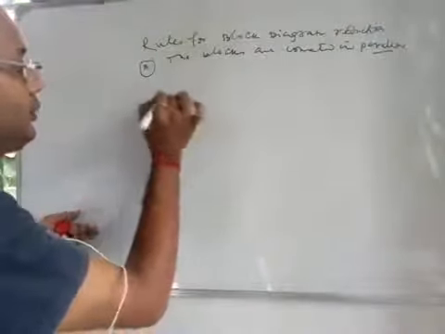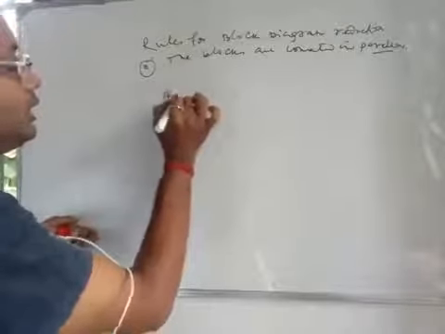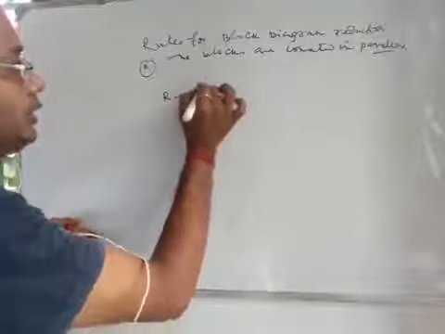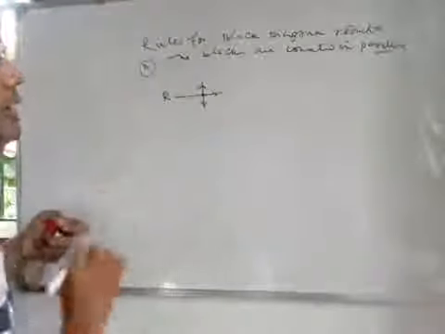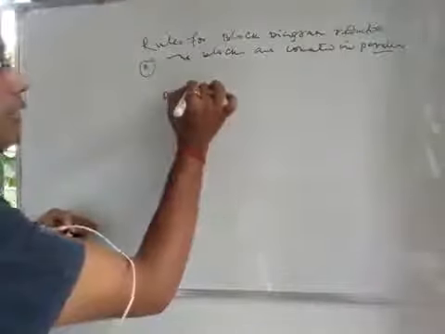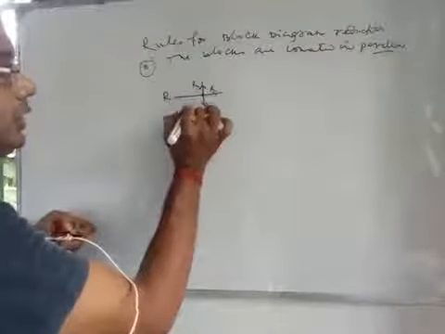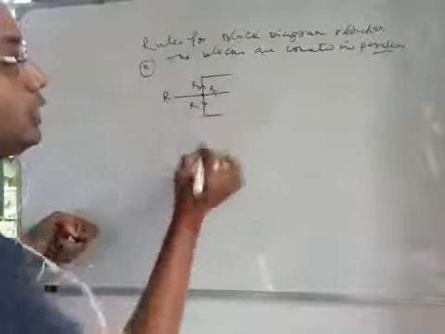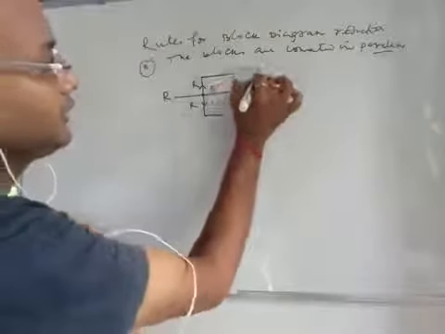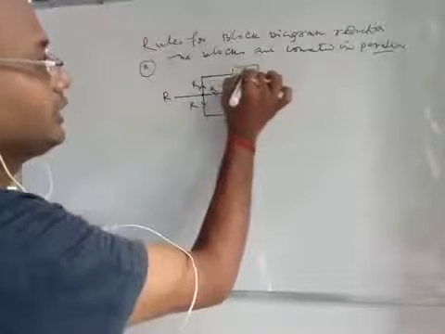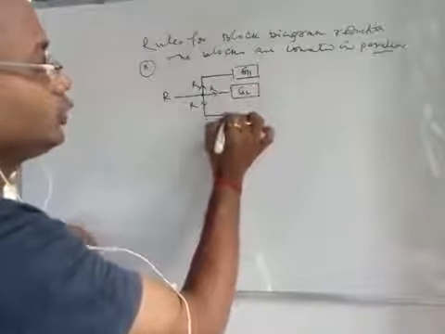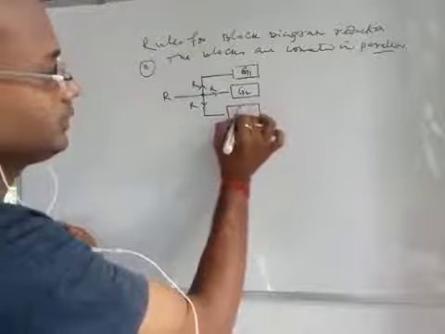Say for example, R is your signal. We may call this a takeoff point, so the same signal goes in three directions. There also you will get R, there also R, there also R. These three signals are going through three different systems. Say this is your G1, this is your G2, and this is your G3.